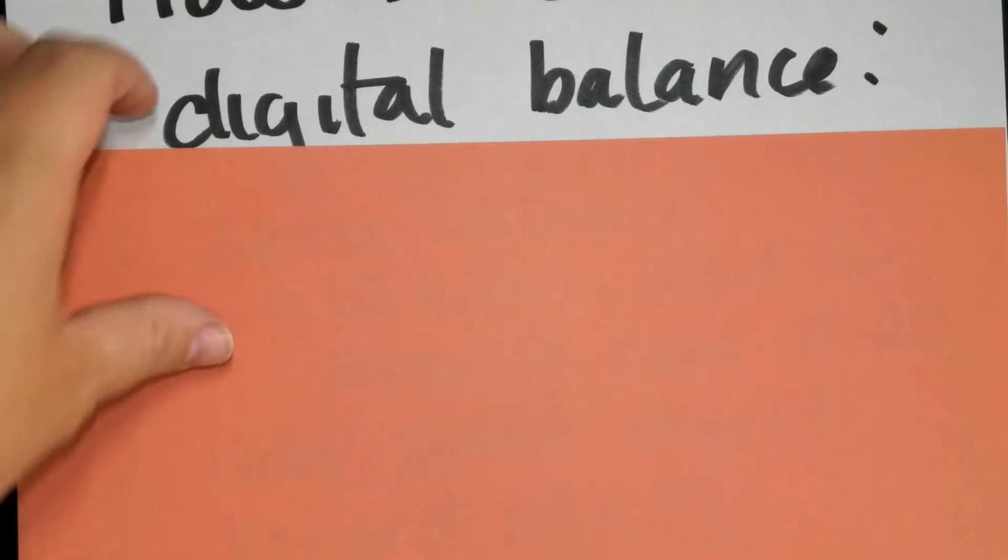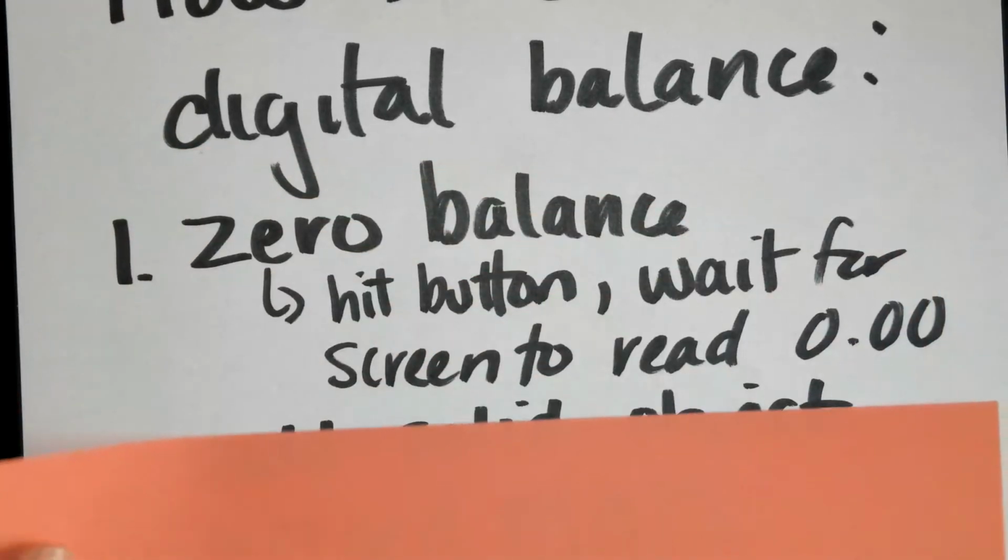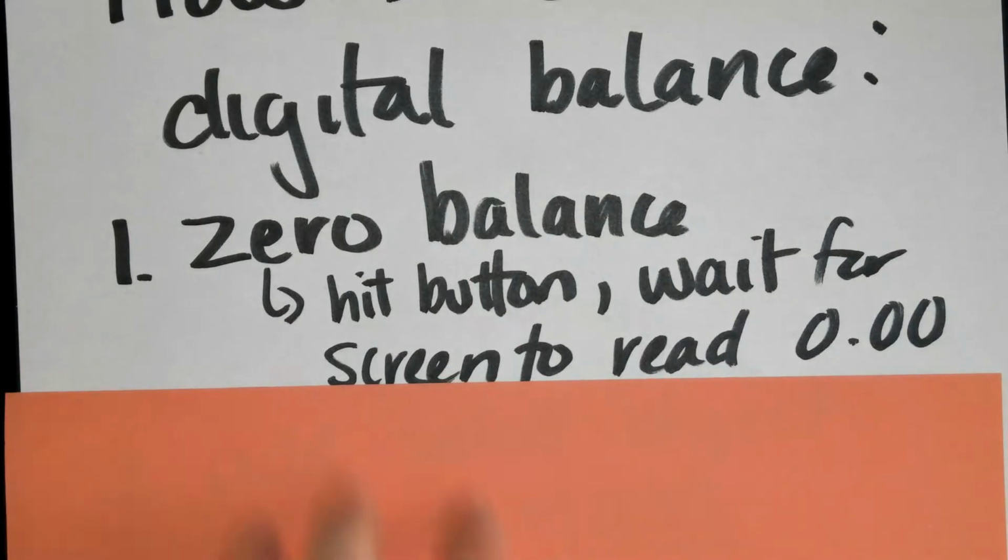When we zero a balance, this basically means that any little dust particle or anything that is on the pan is not going to account for its mass separately. It's going to say whatever's on there is on there, and its initial mass is 0, okay?